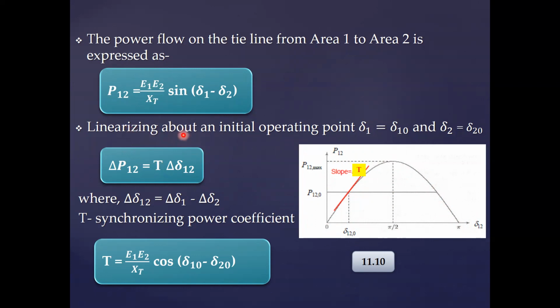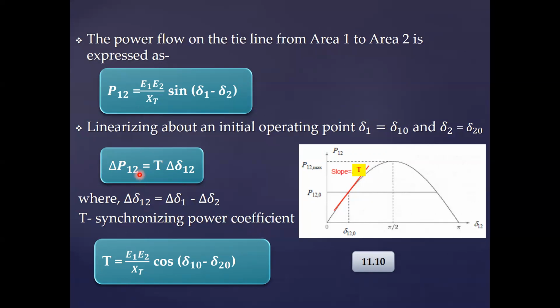Thus we can linearize this equation, and let's say that delta 1 is the initial state of the rotor angle, the initial operating point, I mean, and then we can write it this way. So with this change in the angle for the two ends, we write this way. And then here we have the T. This is basically the synchronizing power coefficient.